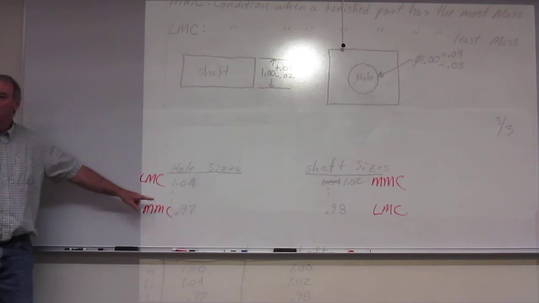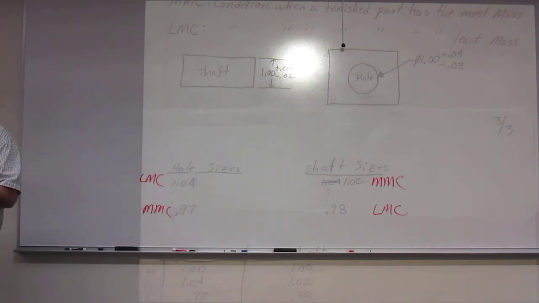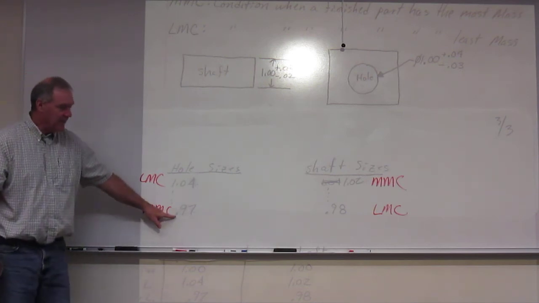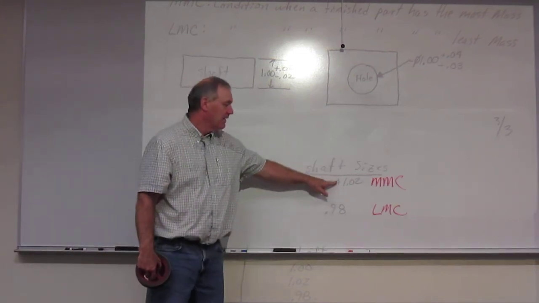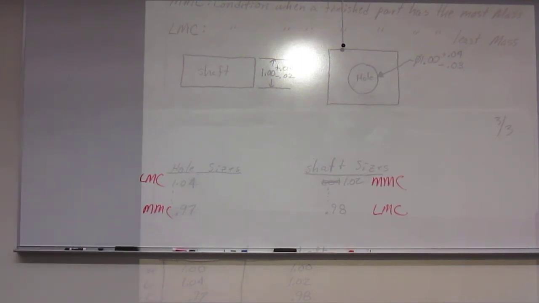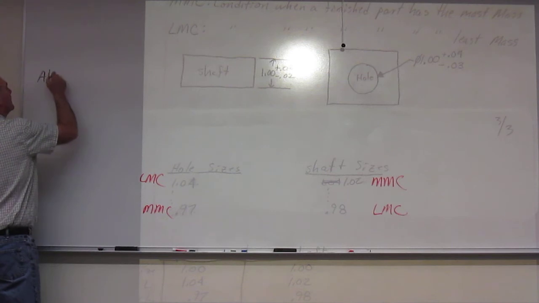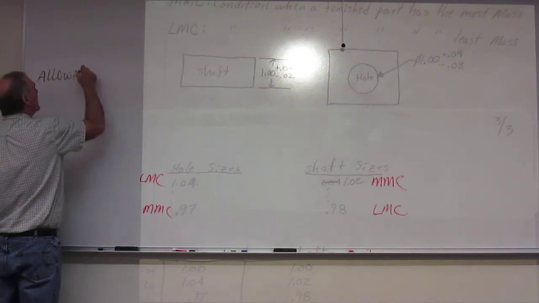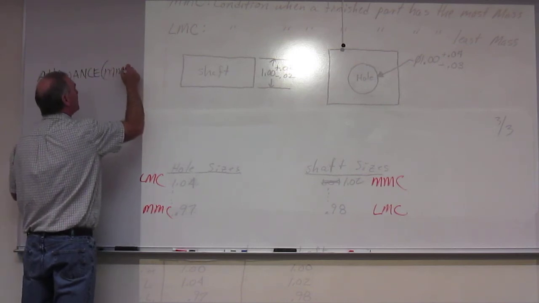Now, how are these two parts going to fit together? Look at them at maximum material condition. So if I take the hole at 0.97, and then I subtract the shaft at 1.02, I'm going to look at my allowance. Remember, allowance is when the parts are at MMC.